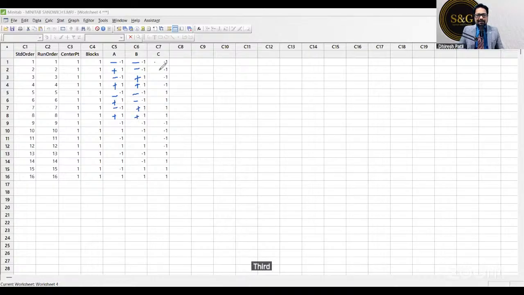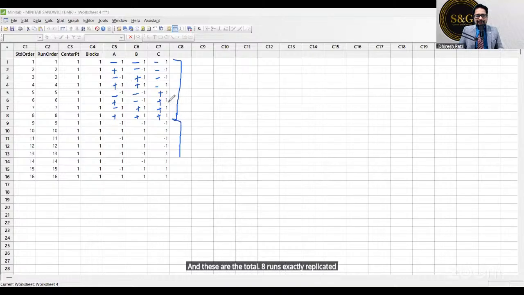Third factor minus minus minus minus plus plus plus plus. And these are the total 8 runs, exactly replicated again by this replication. So this is 8 runs plus this is 8 runs, total 16 runs.